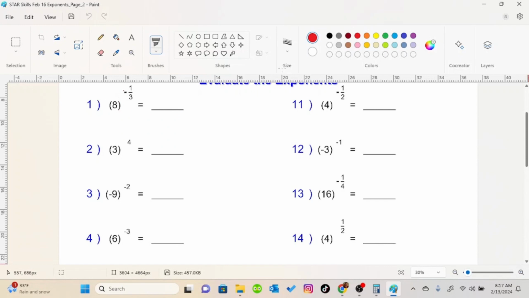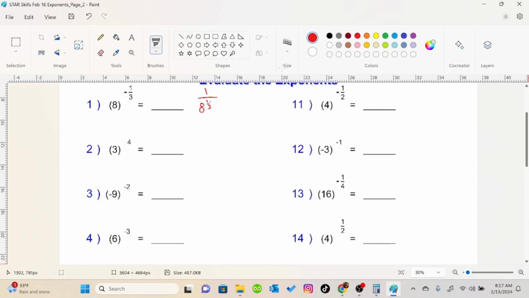The first thing we notice is that we have a negative, and negative means 1 over. Now, we notice that we have a fractional exponent.